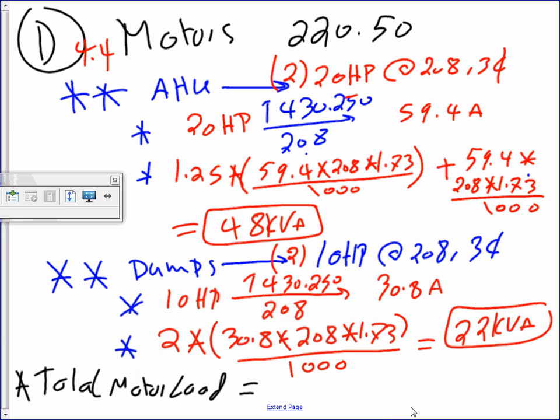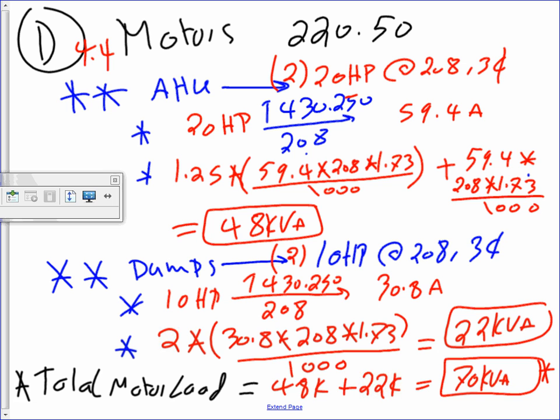Then for the total for the motors, you just add these two numbers together: the 48 kVA plus the 22 kVA. That will get you a healthy 70 kVA. This is the total demand for this step. We have one more type of load before we start sizing. Any comments, any questions?